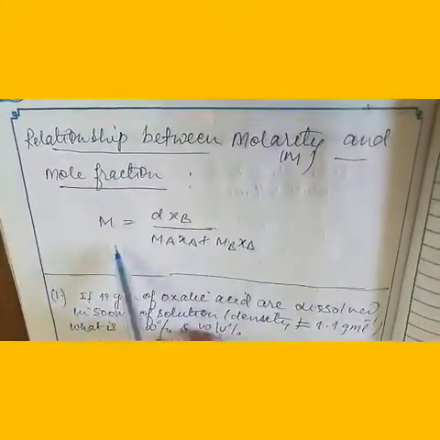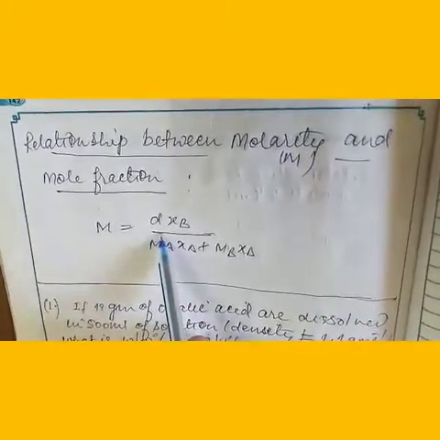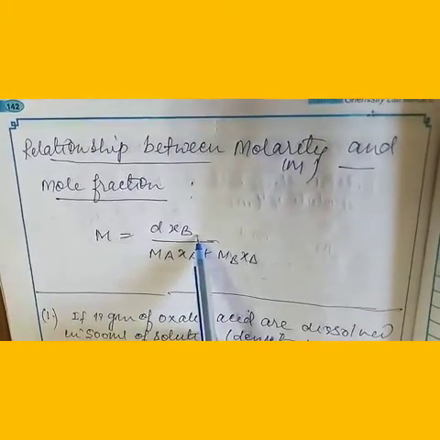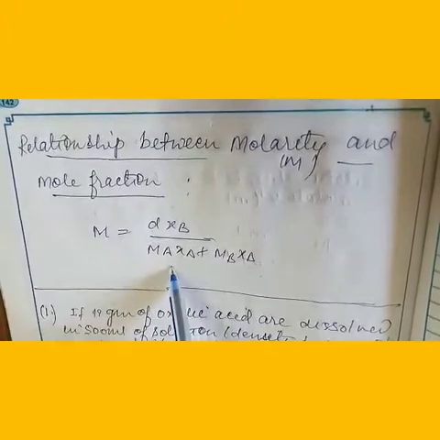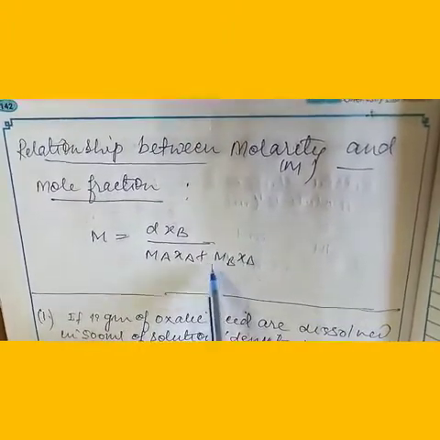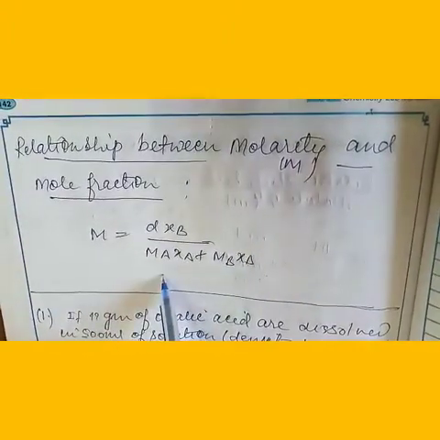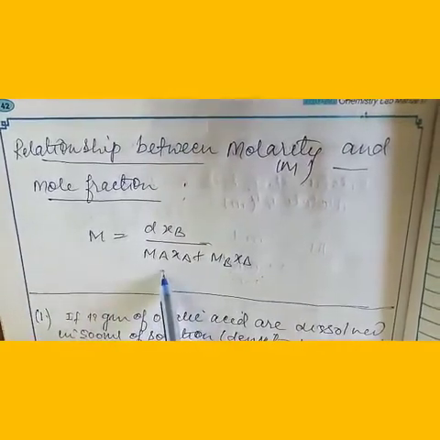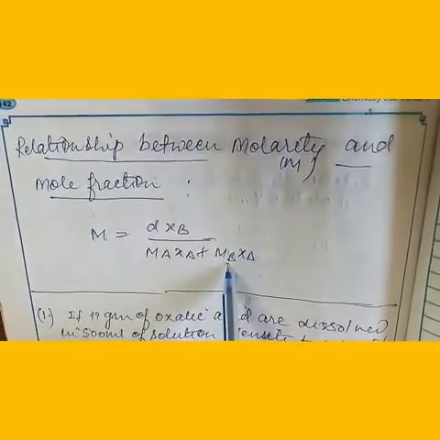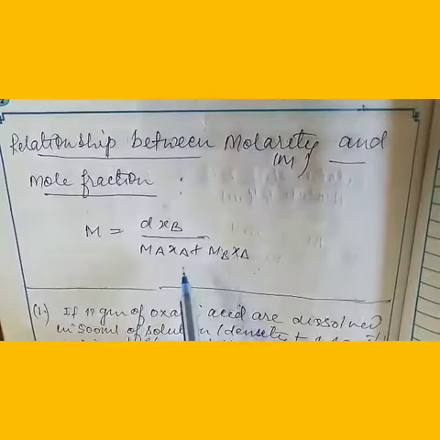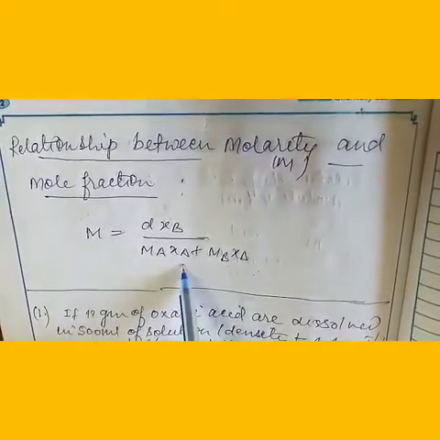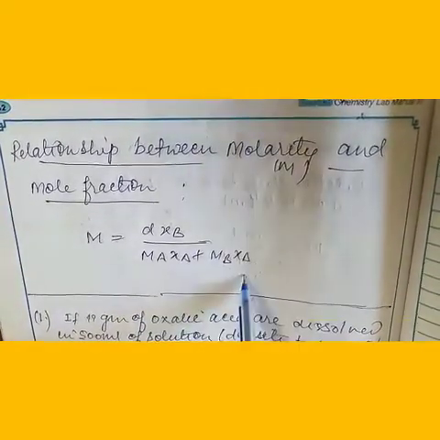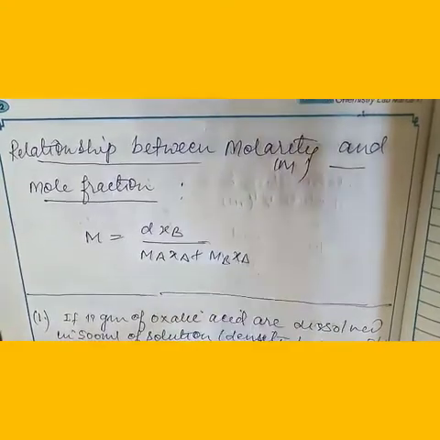Molarity, we already know, capital M is equal to density times xb, the mole fraction of solute, upon Ma xa plus Mb xb, where Ma means molecular weight of solvent, Mb means molecular weight of solute, xa means mole fraction of solvent, and xb means mole fraction of solute.